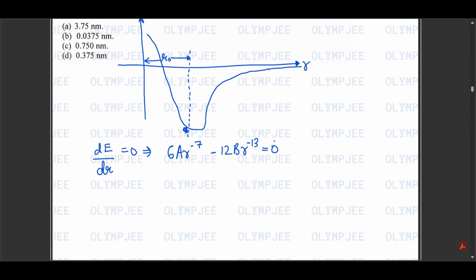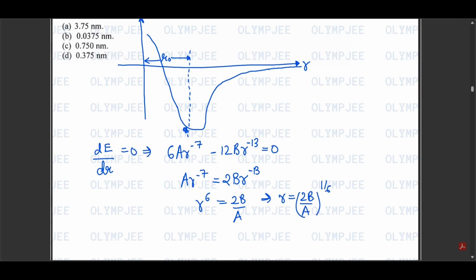Taking this on the LHS, we get a r^-7 is equal to 2b r^-13. We need to find r. So r^6 will become 2b by a, which gives us the required r as (2b/a) raised to the power 1/6.